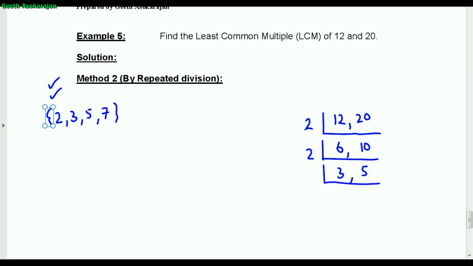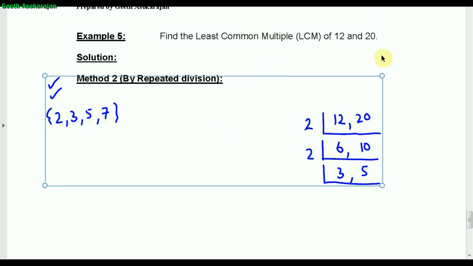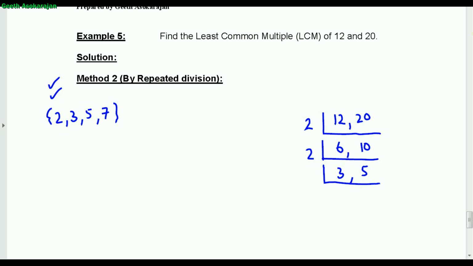So in the last step we're multiplying the 2 by this 2 by this 3 by this 5.